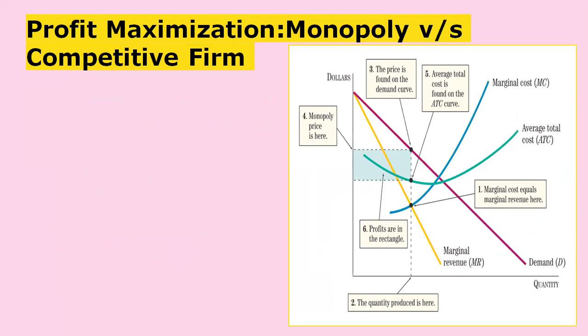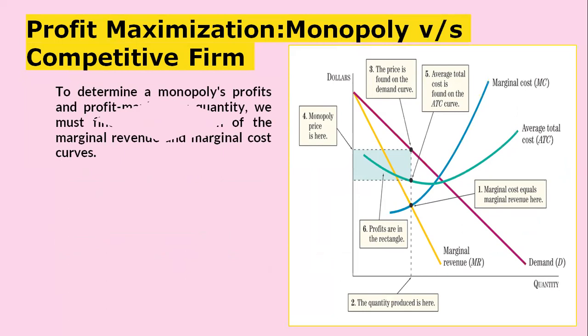Profit maximization, monopoly versus competitive firm. To determine a monopoly's profits and profit maximizing quantity, we must find the intersection of the marginal revenue and marginal cost curves.